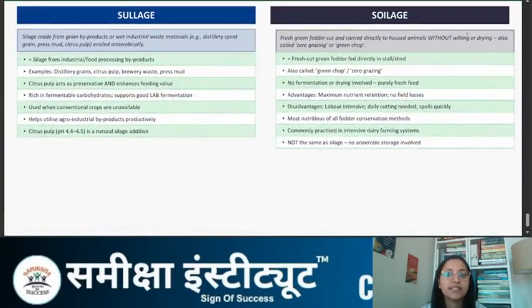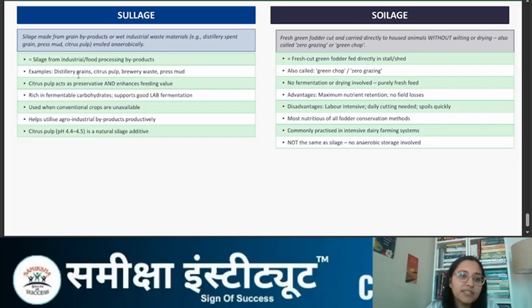Then next, what is silage and soilage? Silage is also a type that is made from industrial waste, and soilage is not silage. Silage made from grain byproducts or wet industrial waste material, like distillery spent grain, press mud, citrus pulp, etc. Basically industrial wastes, or food processing byproducts.